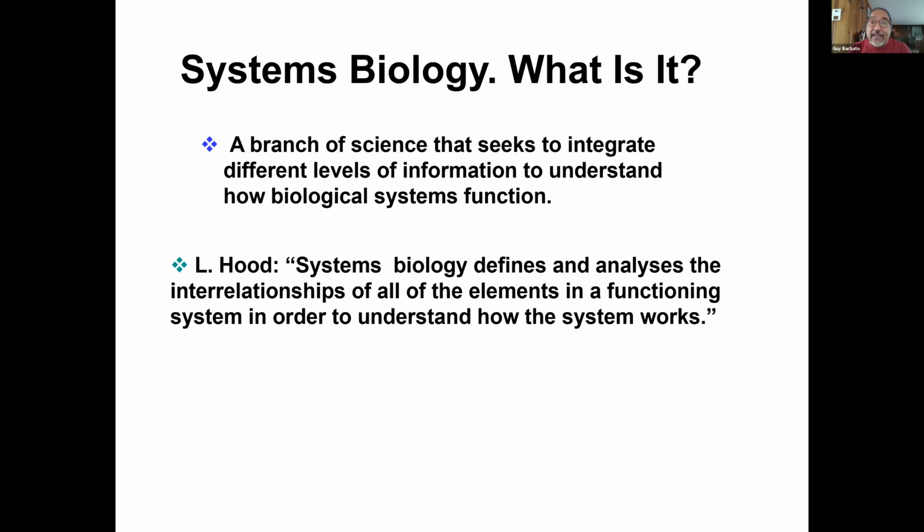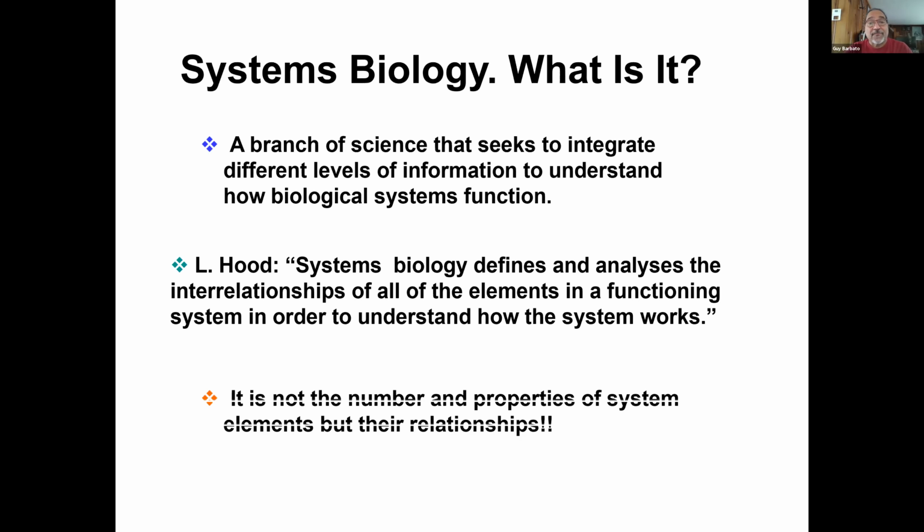It is creating that kind of schematic to illustrate how a biological system works. And as you'll see, we can use this to define almost any biological system. So it's got nothing to do really with the number of things in the system, or even necessarily the properties of the individual elements, but rather what their relationships are.